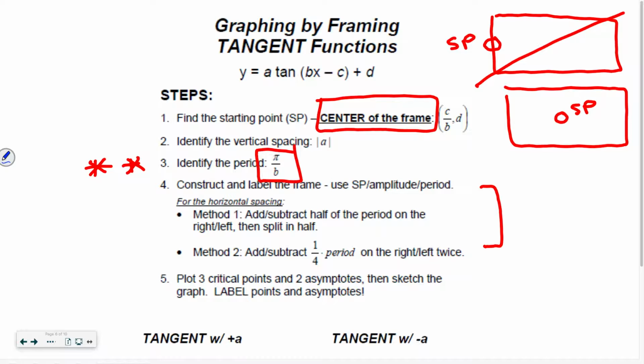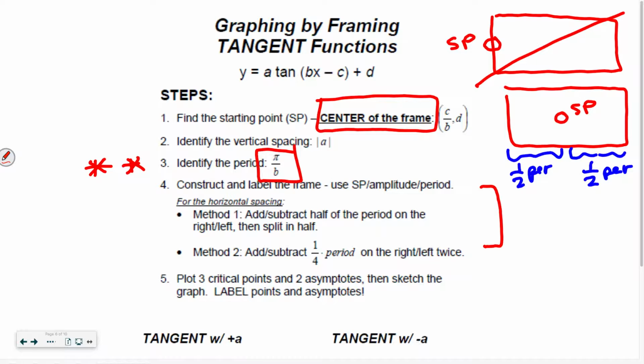If your starting point is in the middle of your frame, then we want half the period on the right, and half the period on the left, and that makes one whole period when you add them together.